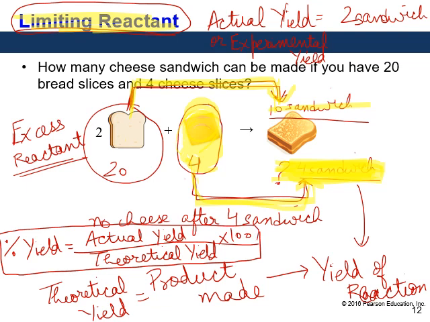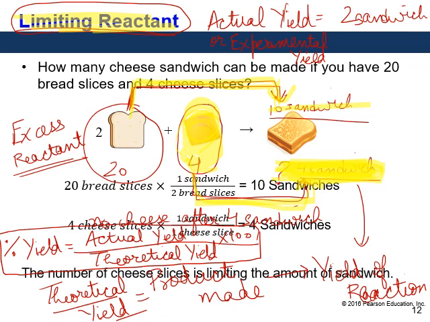The actual or experimental yield is the amount of product that was actually made when somebody did the experiment. Theoretical yield is the yield that was calculated based on numbers. How? Stoichiometric numbers. Okay, so this is the same concept. We'll try to do questions based on these concepts.